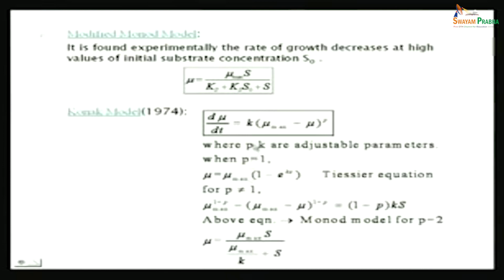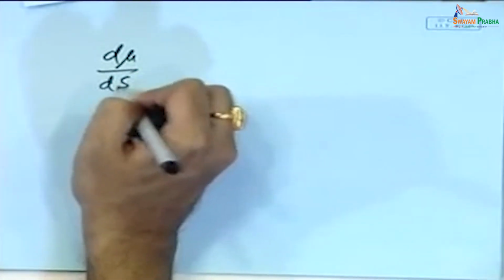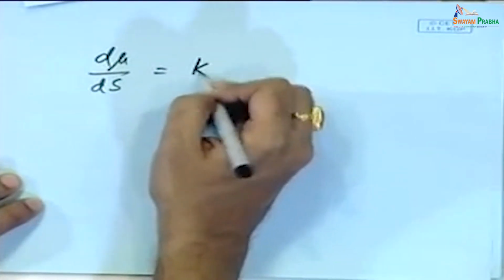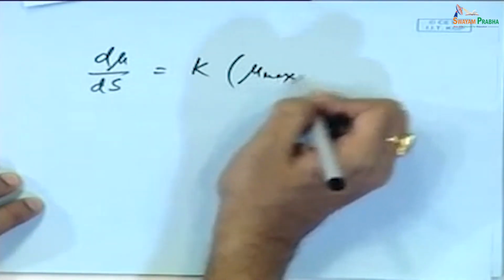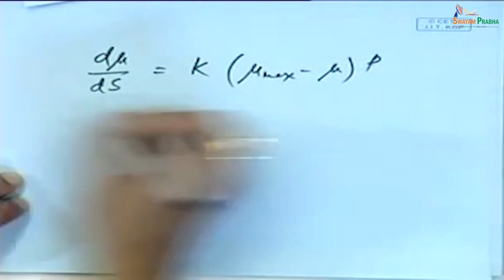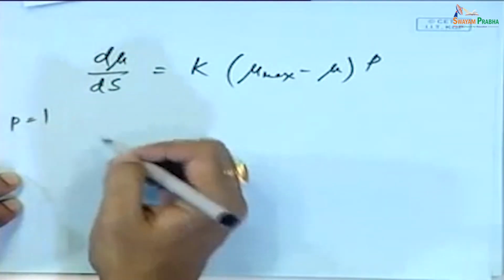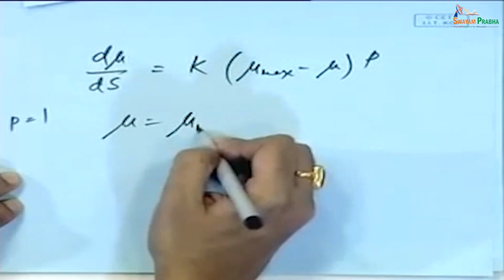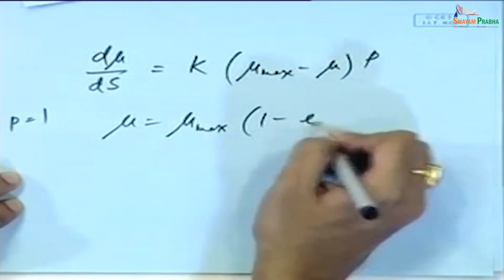Is it clear? So, this is slightly complicated, so let me run through this, and there is a typo out here also. So, this is del mu/del s equals k times (mu max minus mu) to the p, okay. Since there is a typo, I will just write it. So, del mu/del s equals k times (mu max minus mu) to the p. For p equals 1, you get mu equals mu max (1 minus e to the ks).